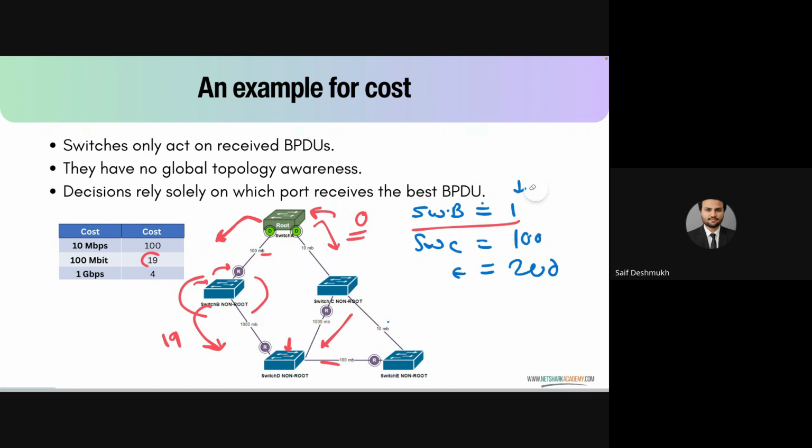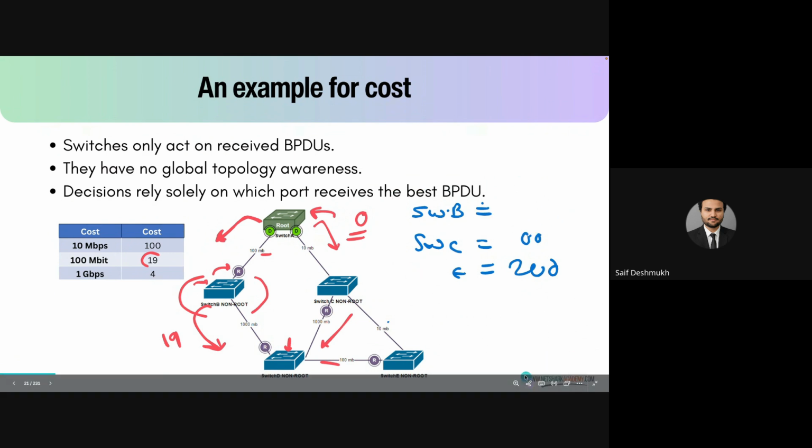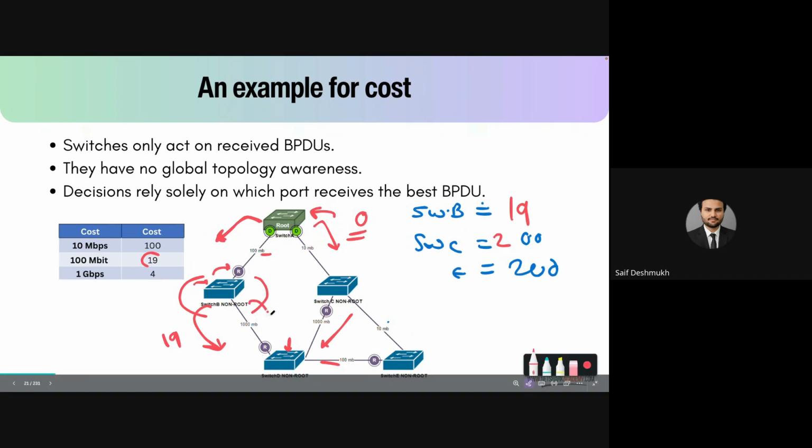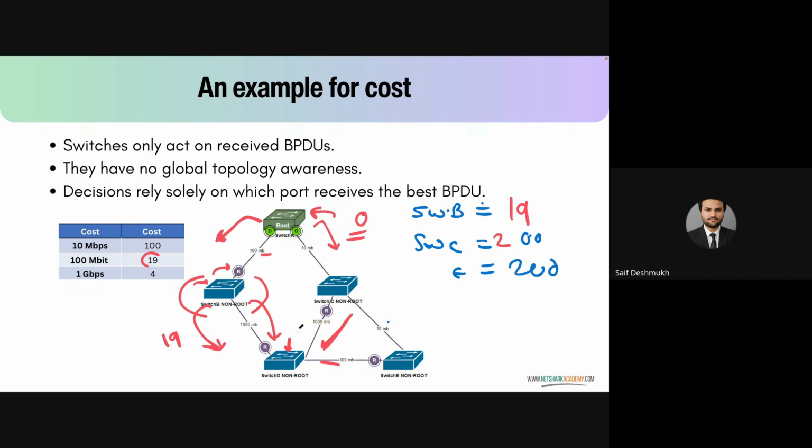Here, I think it was 200, right? Anyway, switch D says: I received a BPDU with a cost of 19, and I received one BPDU from here with a cost of 100.